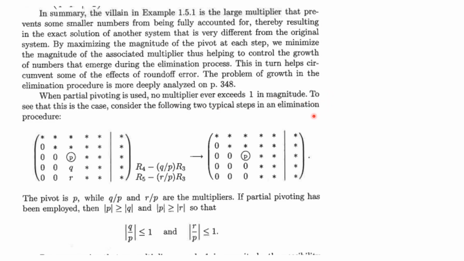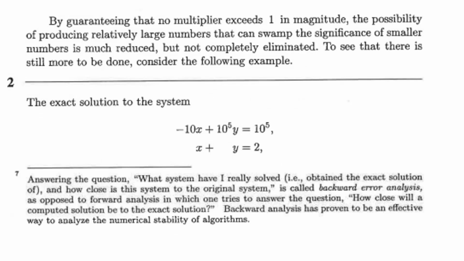To see this is the case, consider the following 2 typical steps. You've got P, Q, and R. The pivot is P, and Q over P and R over P are the multipliers. If partial pivoting has been employed, then you have these absolute value relations, and so in each case the multipliers are less than 1.